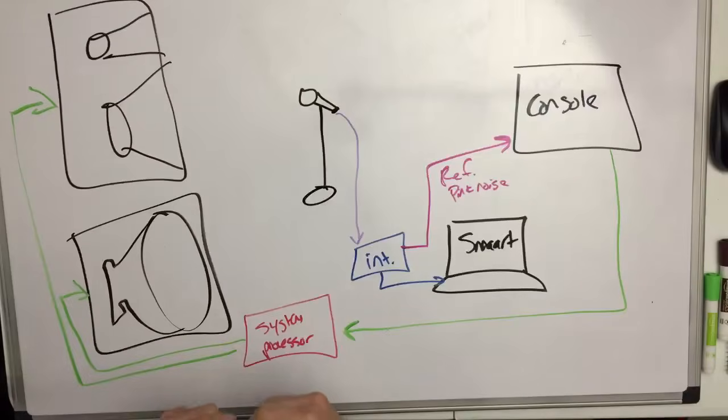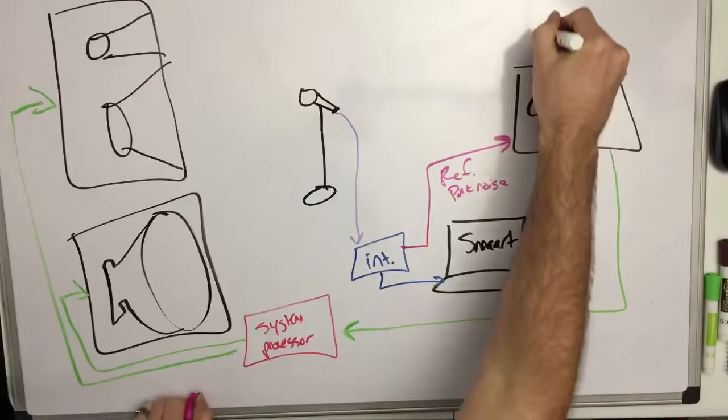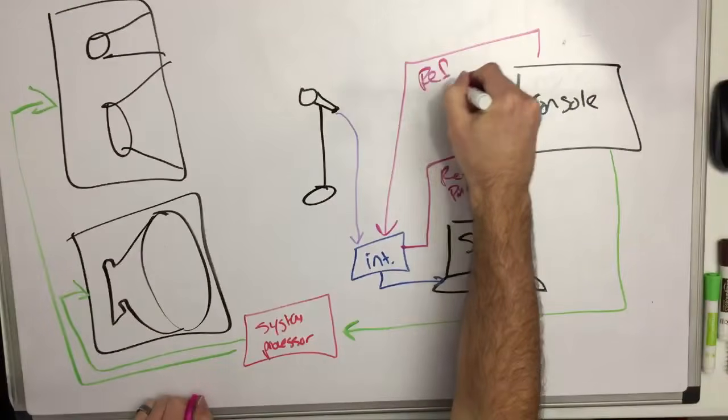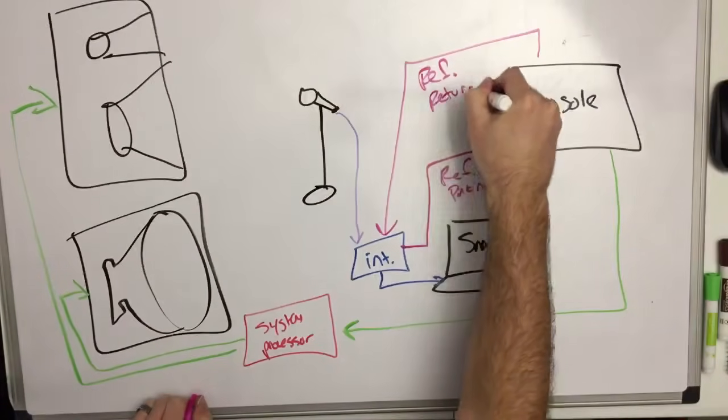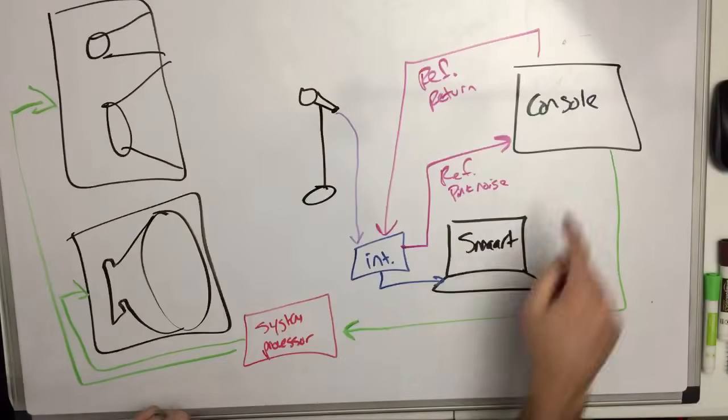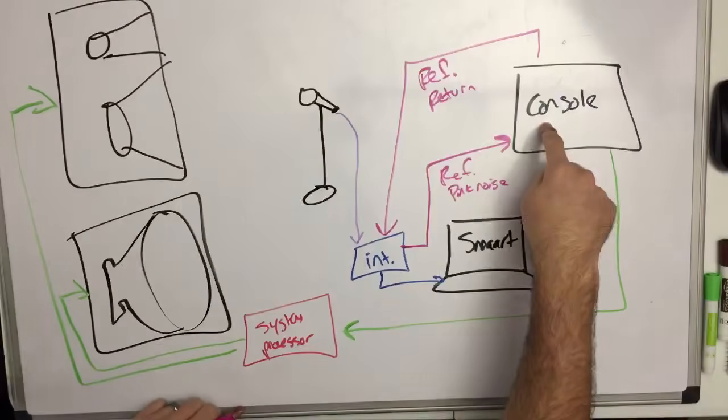Our console is also returning the reference signal back to the interface. And this is important for one reason: it's easier to control the level, and that the level goes up and down based on our console fader.